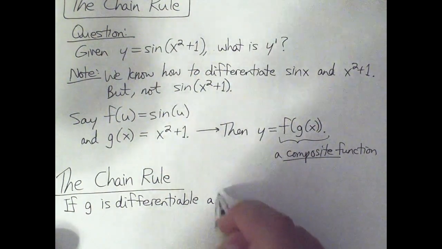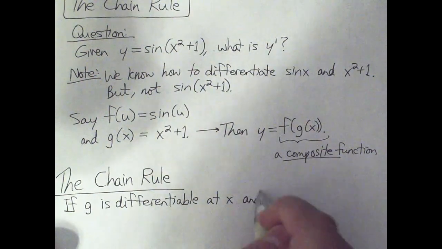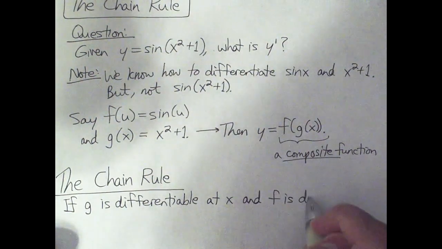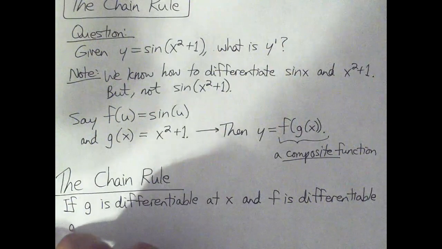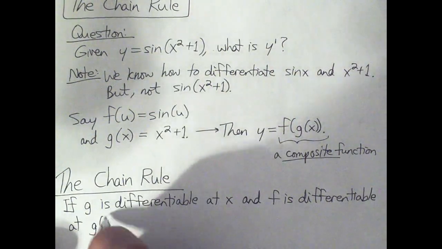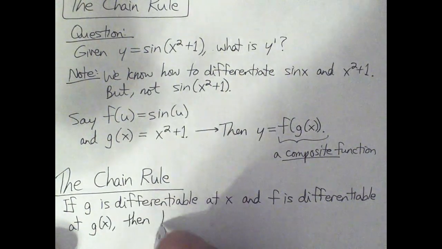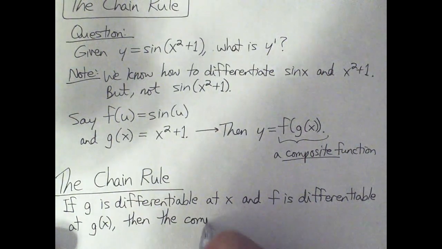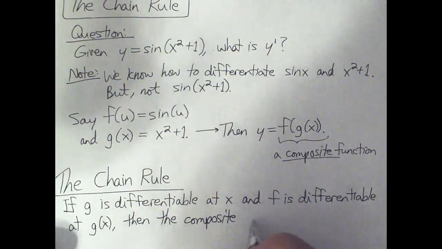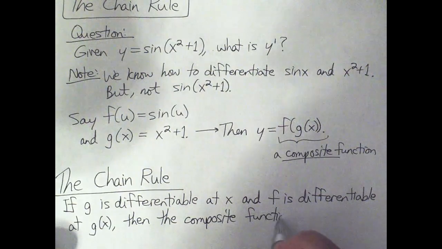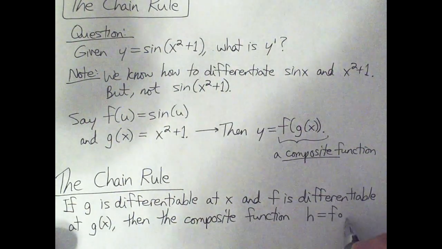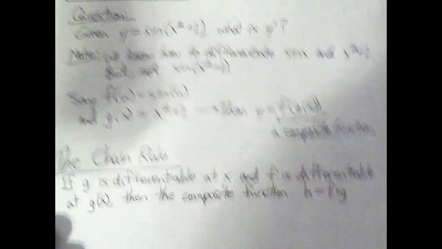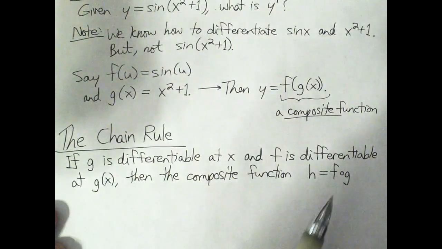If g is differentiable at x and f is differentiable at g of x, then the composite function h equals f composed with g. Do you remember that notation from like algebra classes, the little circle?